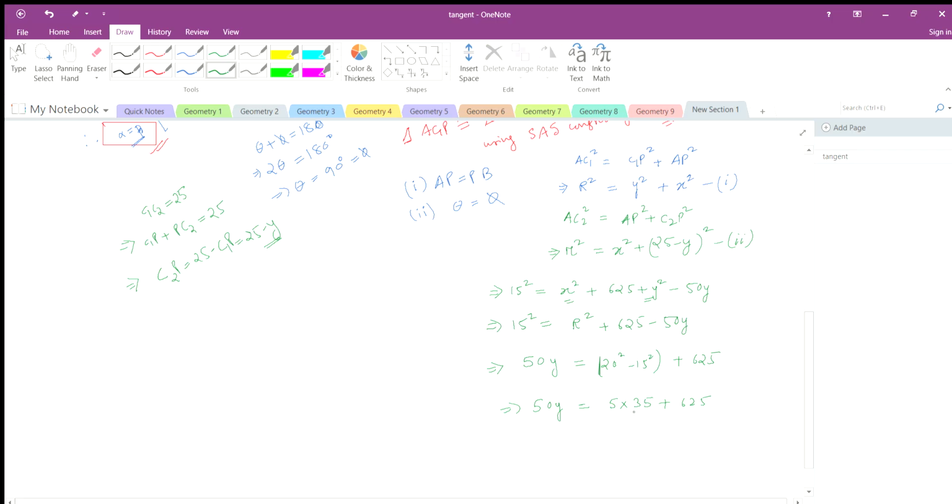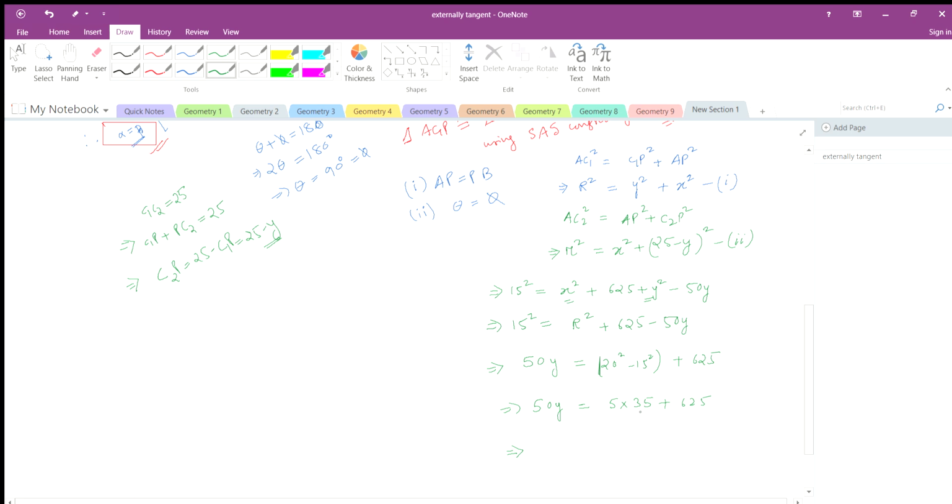So 5 into 35 is 175, and adding 625, I will get 800. Am I doing any calculation mistakes?